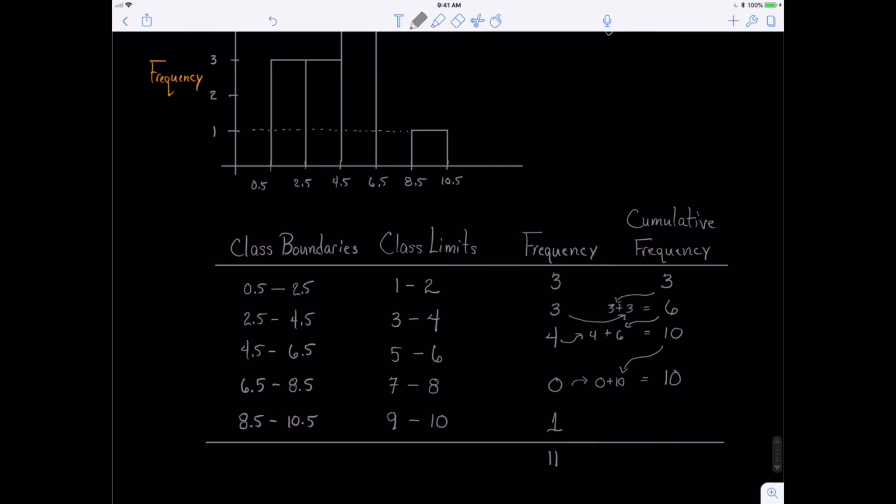And the next one has 1 more data value, plus the 10 I've already looked at, so my cumulative frequency now is 1 plus 10, which is 11. Notice we've already found that value. That was the total number of data we'd seen.